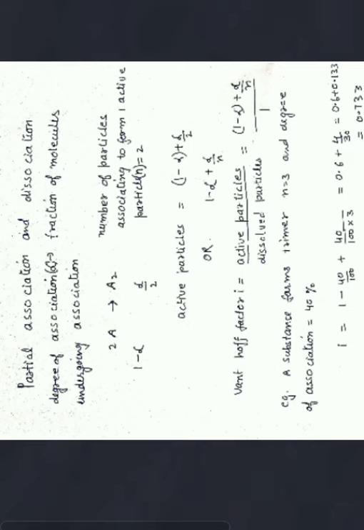Now first let us imagine that the degree of association for a given substance is alpha. What is the degree of association? It is the fraction of molecules undergoing association. Fraction, you know, is the part of one whole substance.